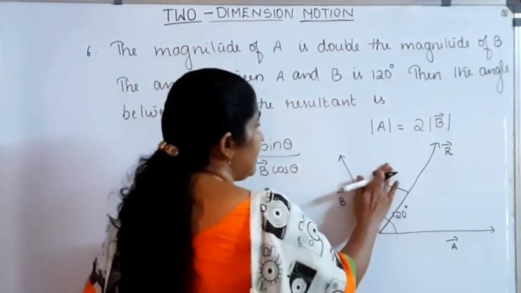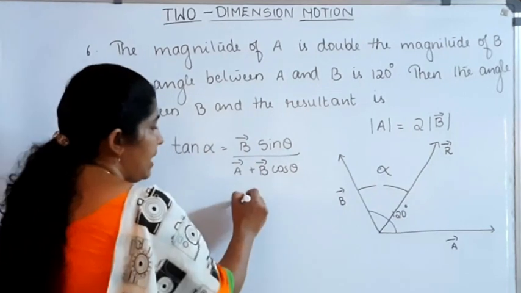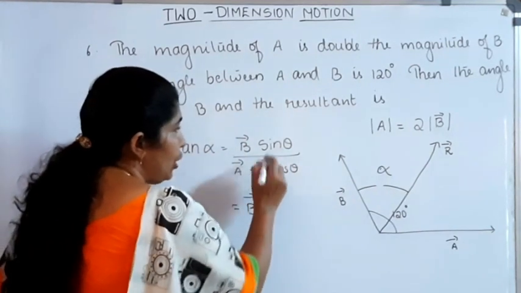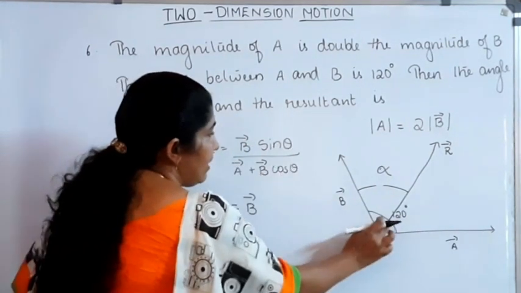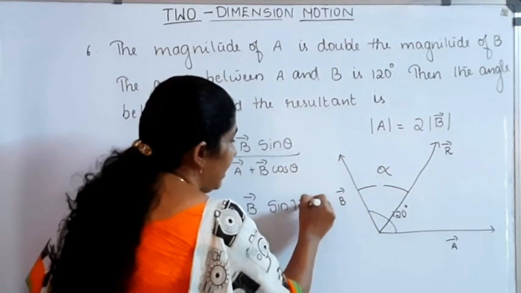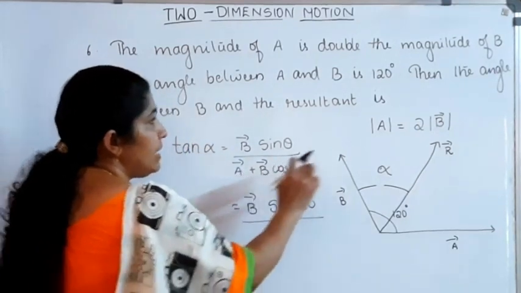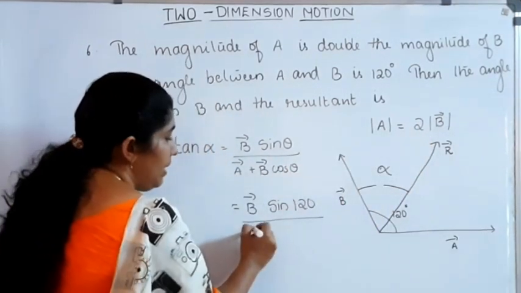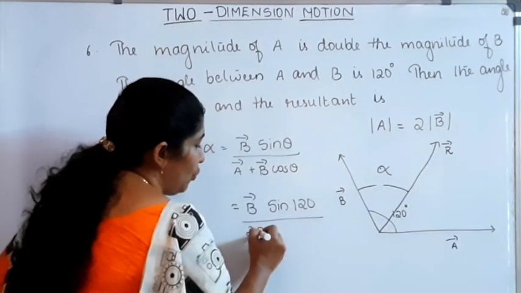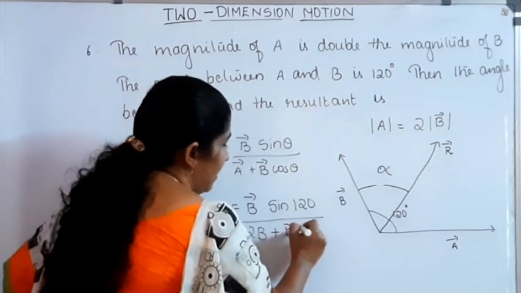Here this angle is taken as alpha. Then vector B into sin theta, theta is equal to 120, sin 120 divided by vector A. Vector A is equal to 2 times the magnitude of B, plus vector B cos theta.